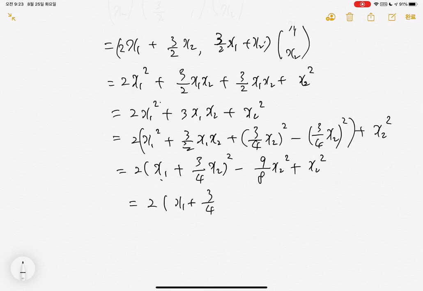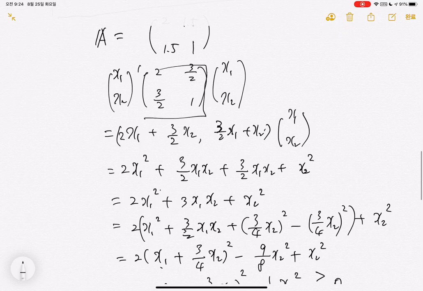So am I doing it correctly? Depending on x1 and x2 values, it can be positive, it can be 0, it can be negative. So not every matrix is positive definite.